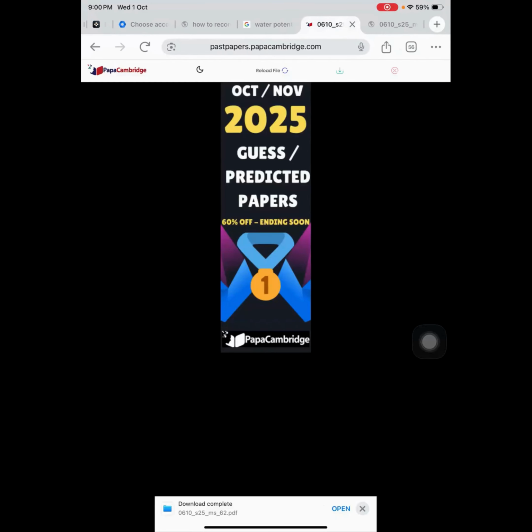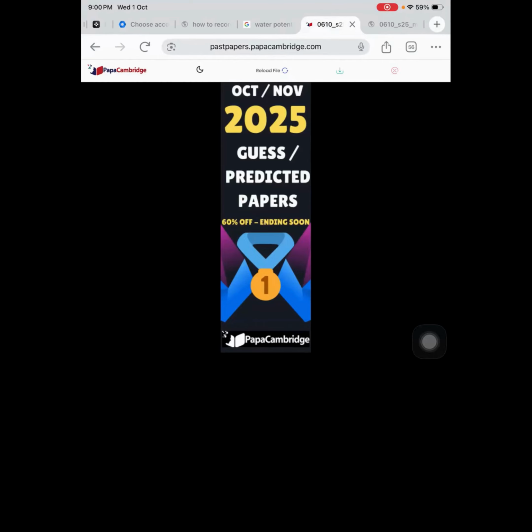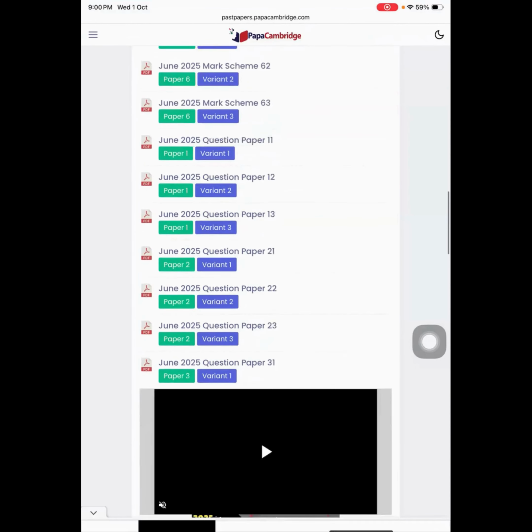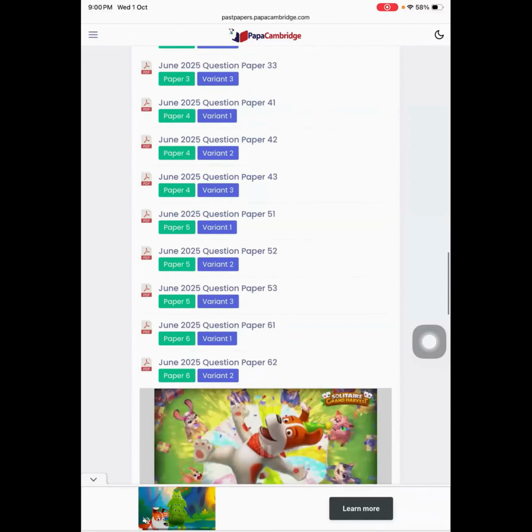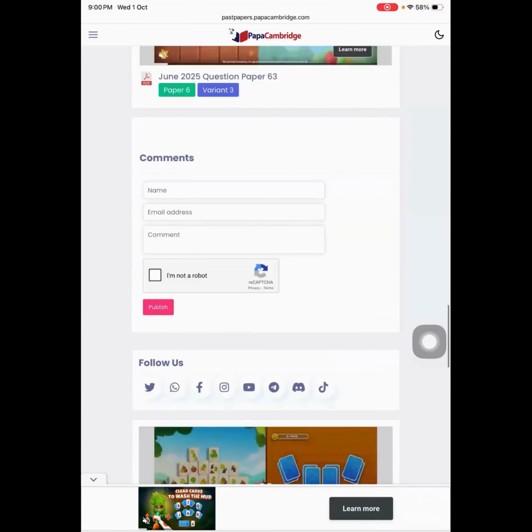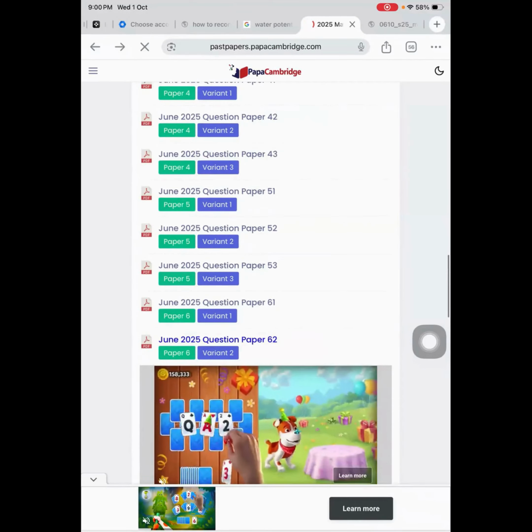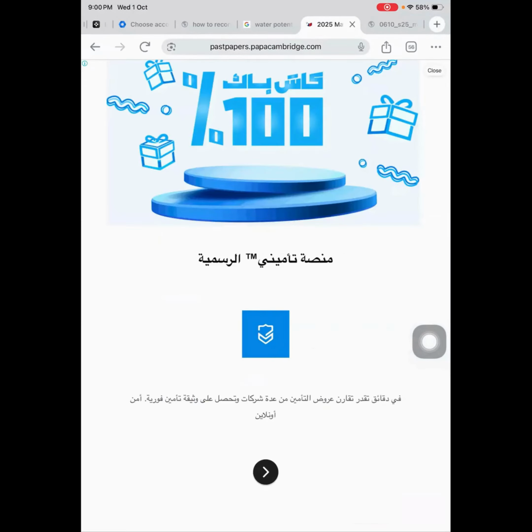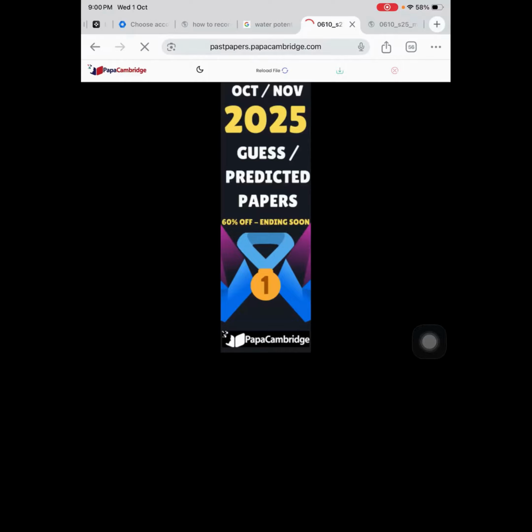I think I opened this one. We don't need the mark scheme, we need the question. Any paper question. Let's go for June 2025, Paper 6.